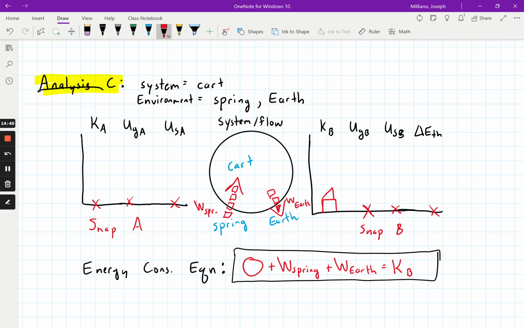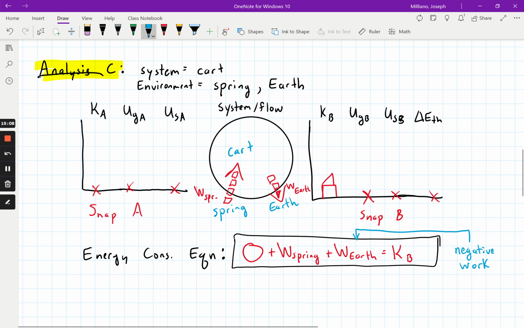You'll notice that I said plus the work by the earth. We are going to define this later on once we talk about work in more detail. We're going to define that as being a negative value. So this is a negative work. And so we're adding a negative number, which is why it's less than, but we're still going to put a plus sign there.